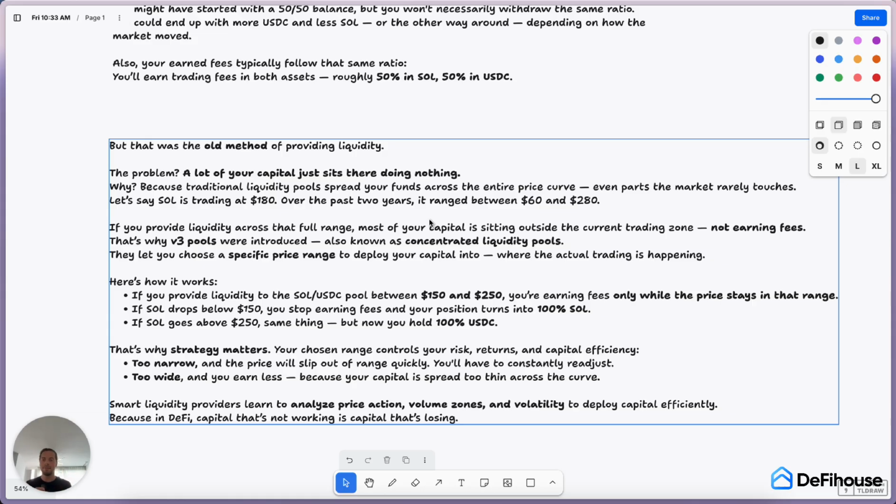The same happens from the other side. If, for example, Solana dropped to 150, and let's say it's now at 140, your whole money is converted into Solana, and if it's continuously dropping, you are no longer earning the fees, and the value of your deposit is also dropping. So this is known as impermanent loss, right?